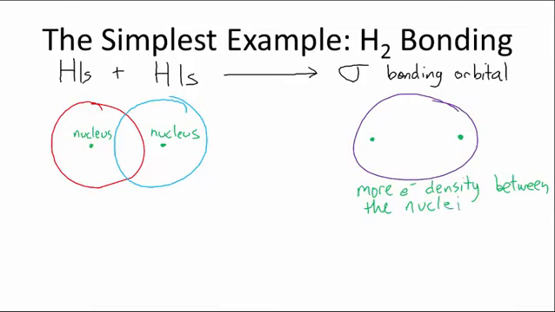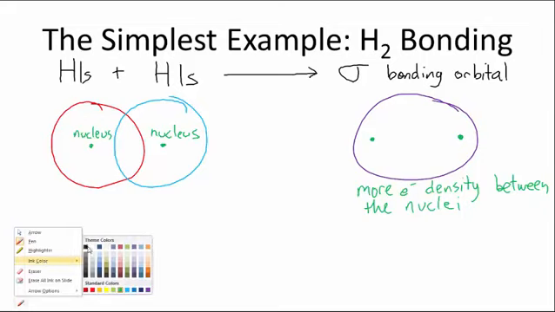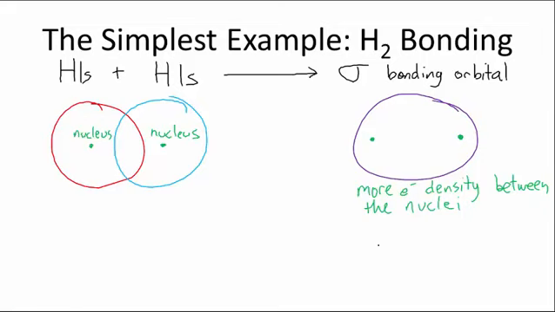All right. Why would we call that a bonding orbital? When I have plus, plus, and minus, what does the negative charge tend to do?